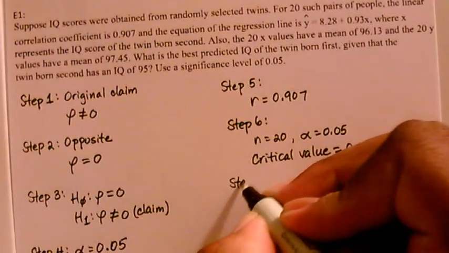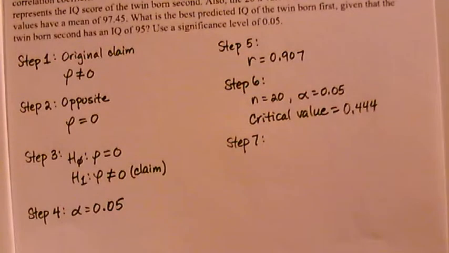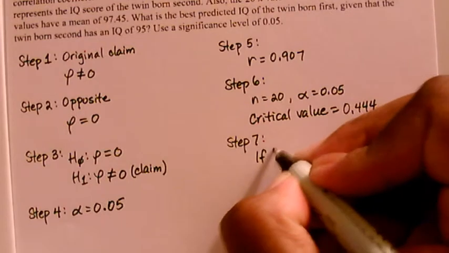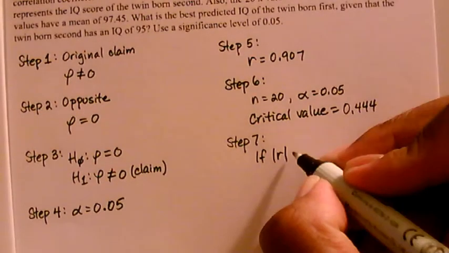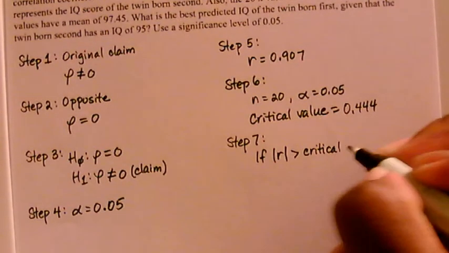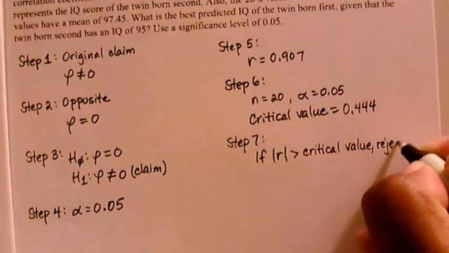Alright, step number 7 is our decision rule. If you recall, when we were doing correlation, our decision rule is this: if the absolute value of r, since we're using the critical value approach, is greater than your critical value, you'll reject the null.